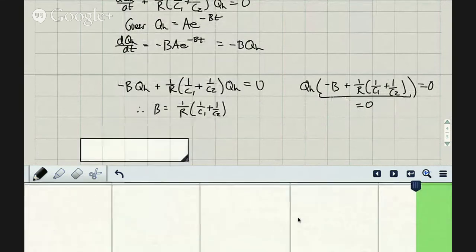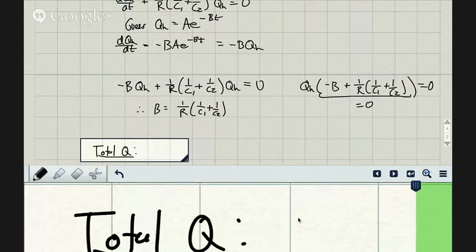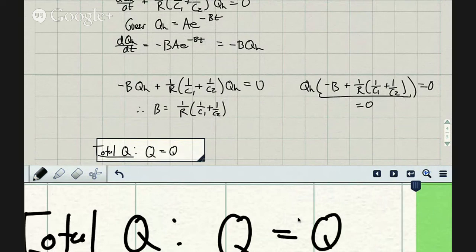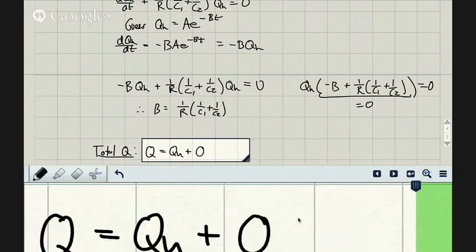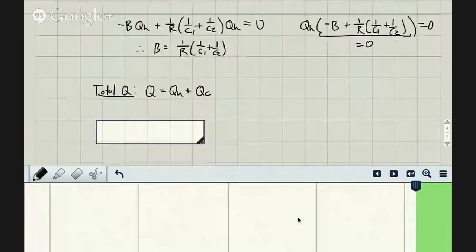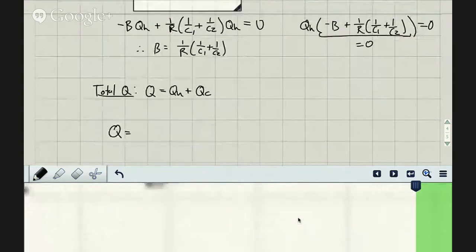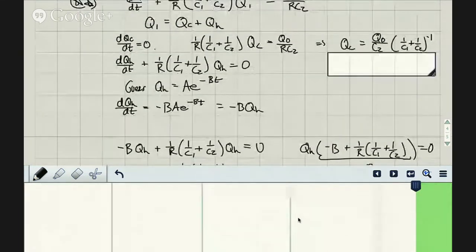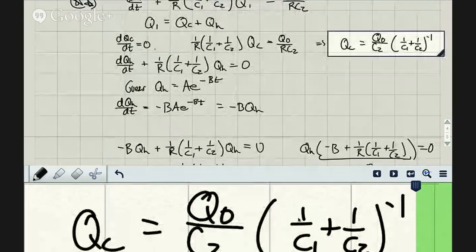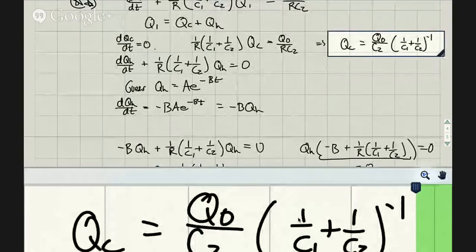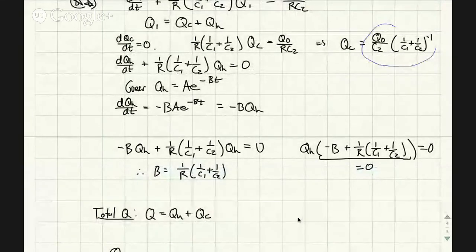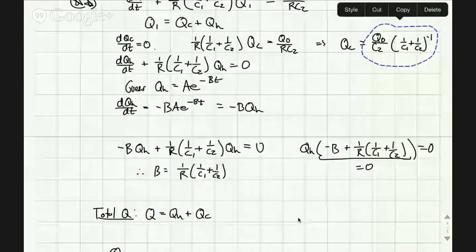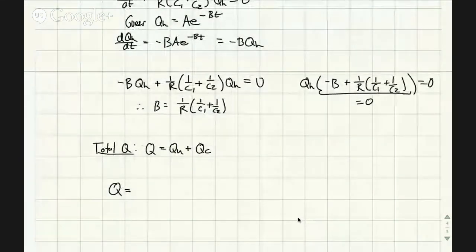Now, total Q, right? That's equal to the homogeneous solution plus the constant solution. I just wrote it in the reverse order that I'm going to record it. So we take our constant solution, which is equal to this. There it is. And then we go ahead and write that here.